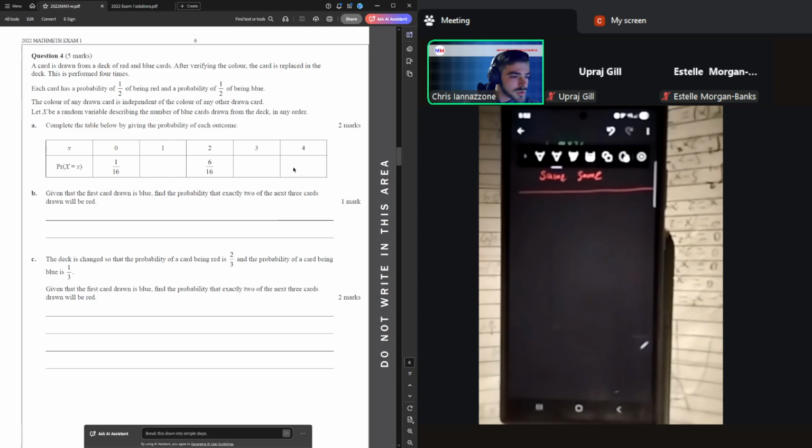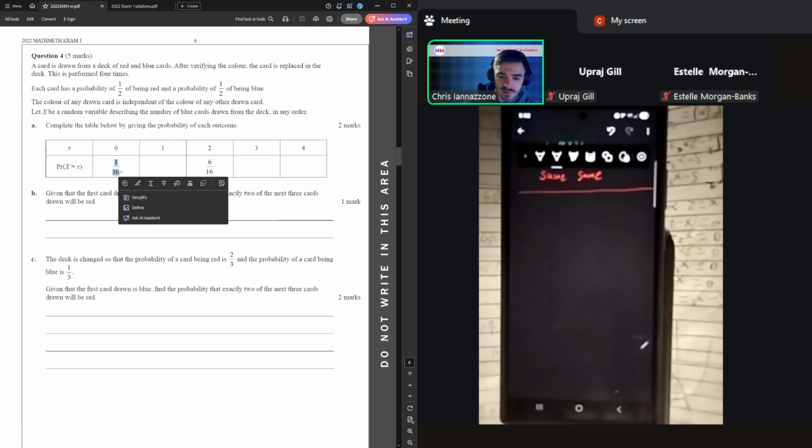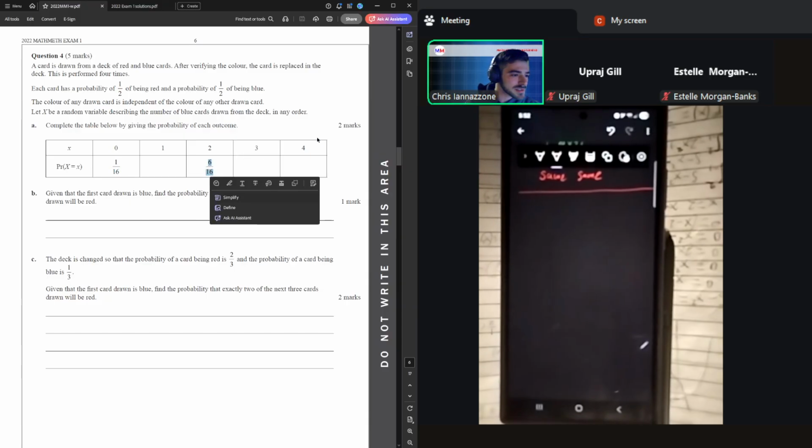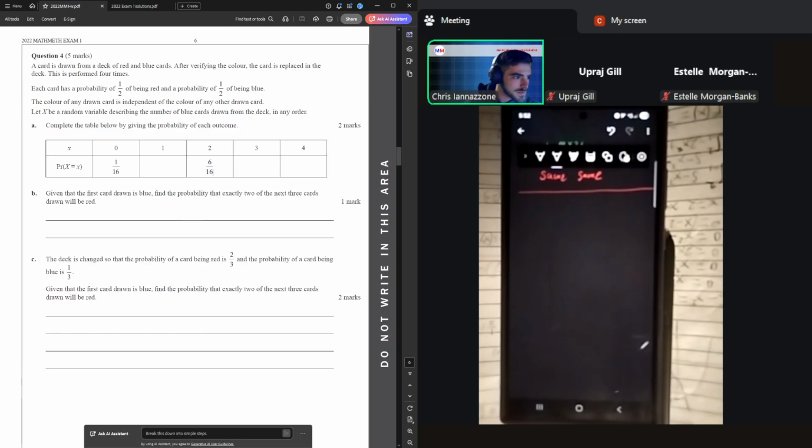And you don't even need to solve x equals 4 because you've already got it over here, 1 over 16. Now, that is a bit weird, actually, now that I'm looking at this. They didn't seem to simplify their 6 over 16. You still want to simplify your answer. It's a bit weird they didn't simplify theirs.